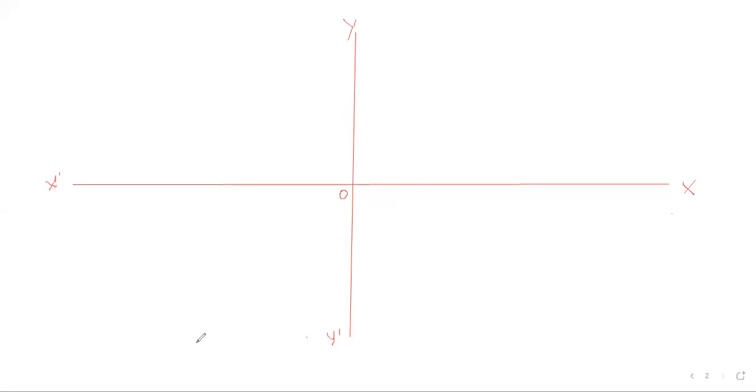Now, if we mark a point P with coordinates x1, y1 and another point Q with coordinates x2, y2, draw this in your notebook.